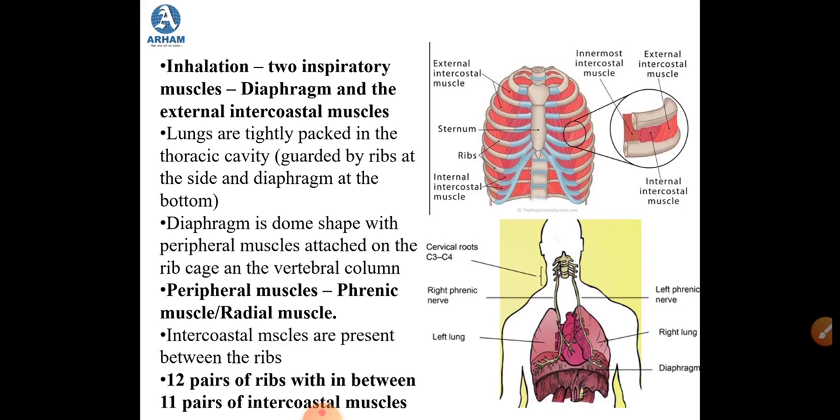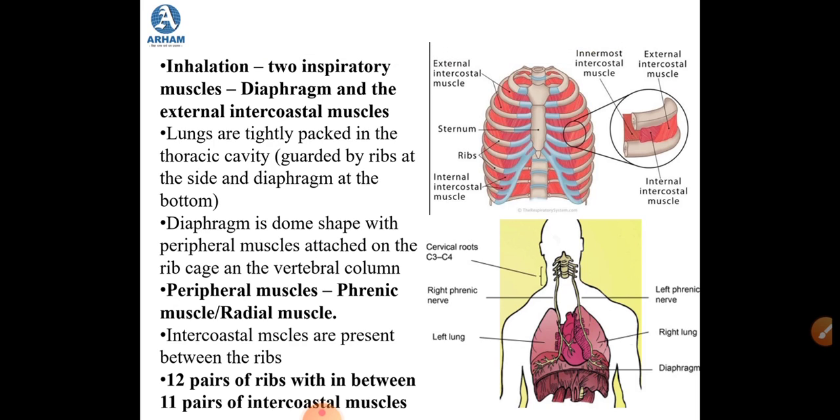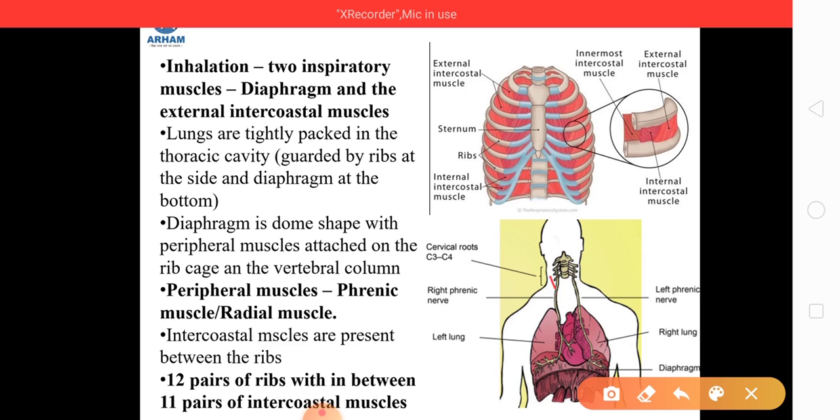At the time of inhalation, the lungs are tightly packed in the thoracic cavity. That means they are guarded by the ribs at the side and the diaphragm at the bottom. The diaphragm is dome shaped with peripheral muscle attached to the rib cage and the vertebral column. Here, if you see this yellow part, this is nothing but the peripheral muscle.